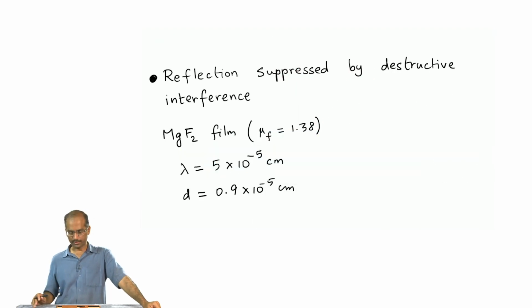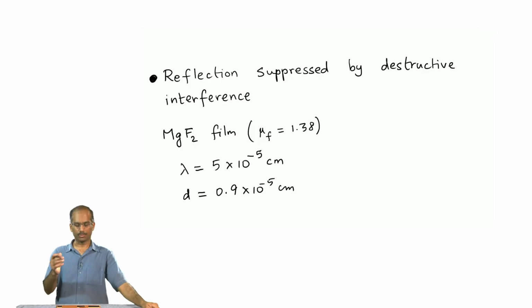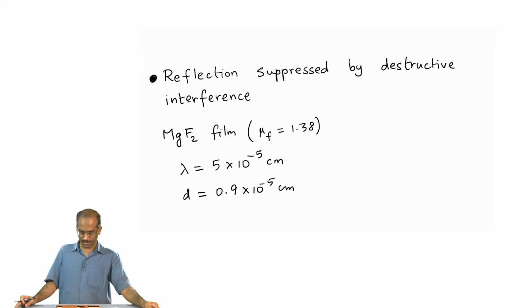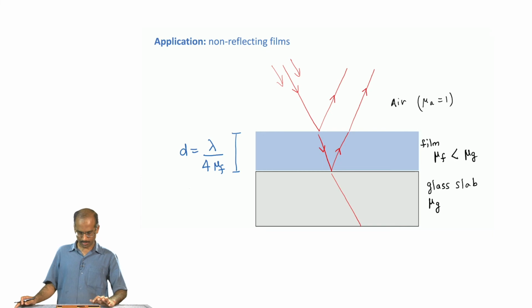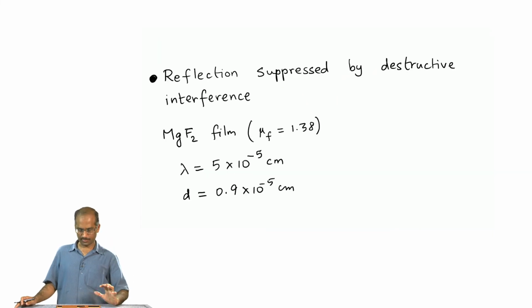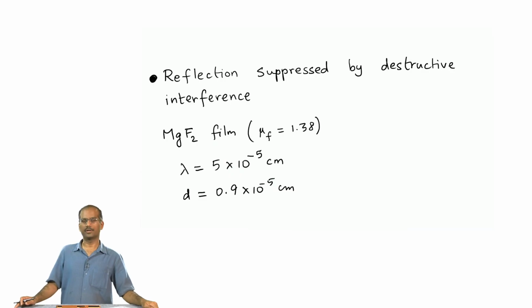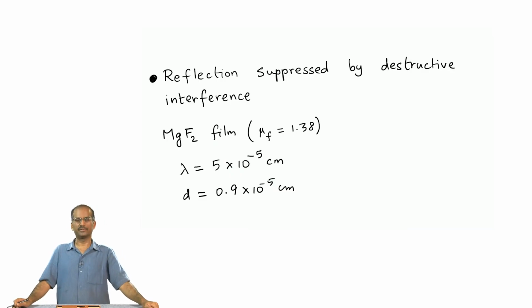So, for instance, if it is a MgF2 film whose refractive index is about 1.38, and you are using the visible spectrum, take the wavelength of the middle portion of the visible spectrum, about 5 into 10 power minus 5 centimeters. Then you can use this formula, and d, the thickness of this film, would turn out to be of the order of 0.9 into 10 power minus 5 centimeters.